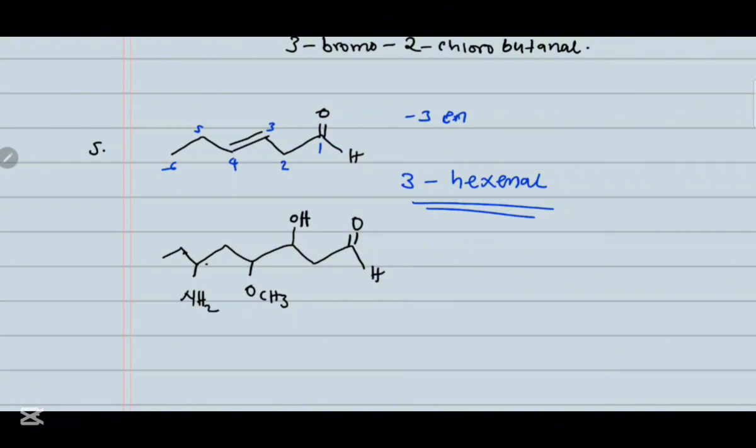The first thing is numbering the carbon chain: 1, 2, 3, 4, 5, 6, 7, 8. From there, let us show the side groups. We have a side group on carbon number 3. That's 3-hydroxy.